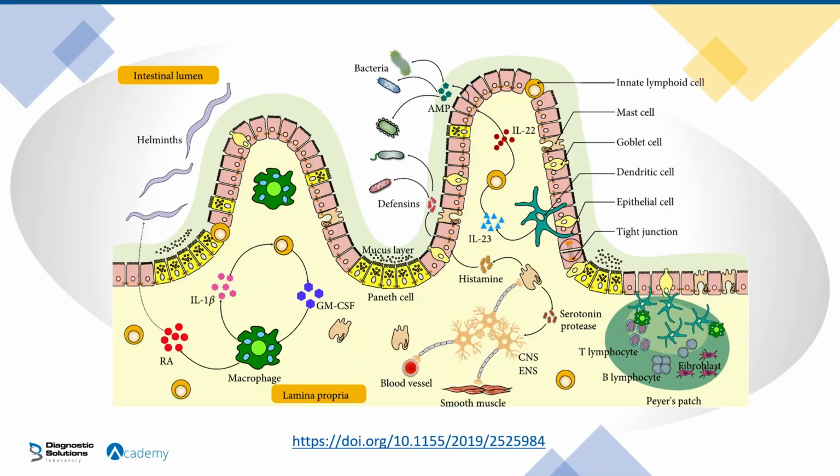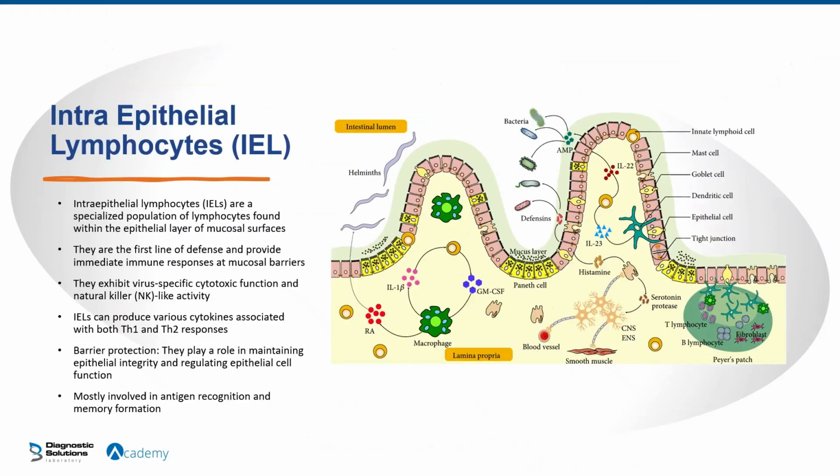Here's a great image of everything that's happening in the gastrointestinal GI tract. We're going to focus on all of these individual immune aspects individually so we can get a better understanding of what they do. The intraepithelial lymphocytes seen here are a specialized population found in the epithelial cell of the mucosal surface.